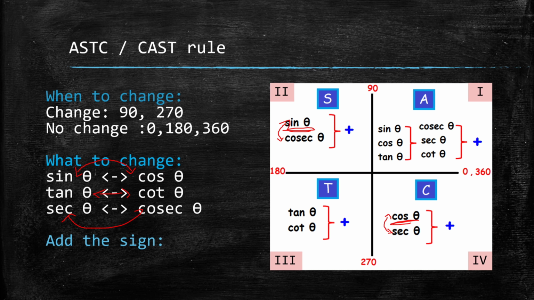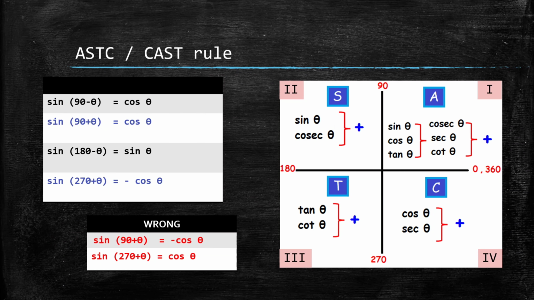And the third thing we have to remember is add the sign. That we will see later because adding all the things together in mind will lead to lots of confusion. Let us consider some examples here. Sin 90 minus theta is cos theta. But how?